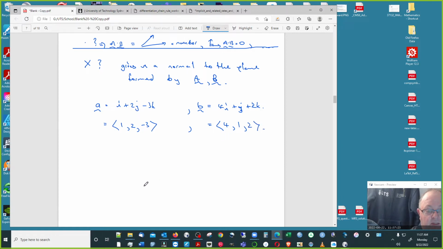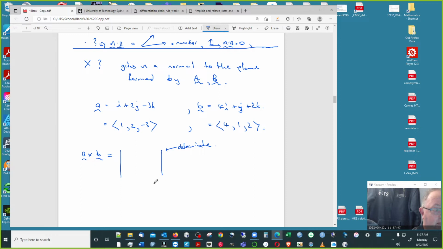Now, when you do the cross product of A and B, the order is very important. There are two things that you get to see. One of them is the vertical bars. The vertical bars tell us, in a matrix, that you're going to be doing a determinant. That has a special form.